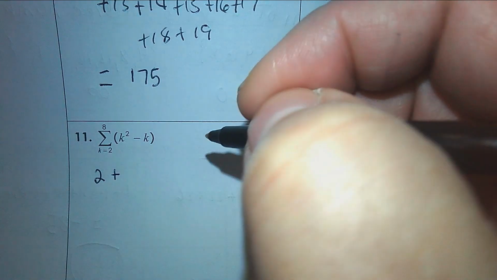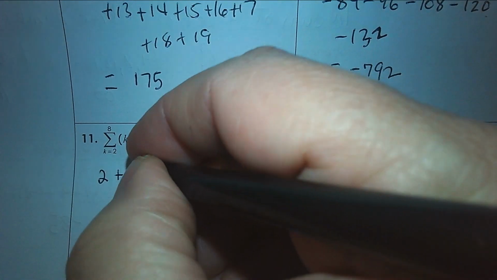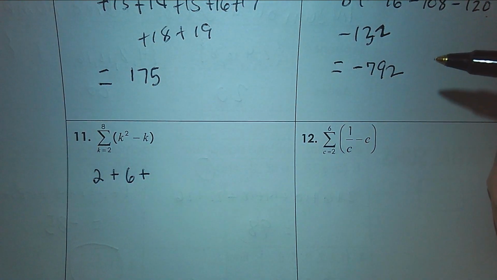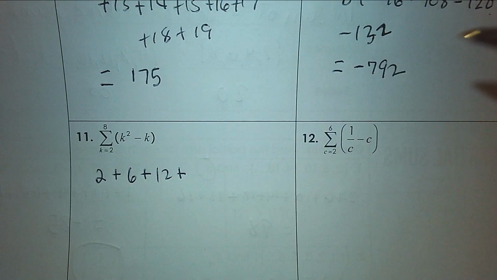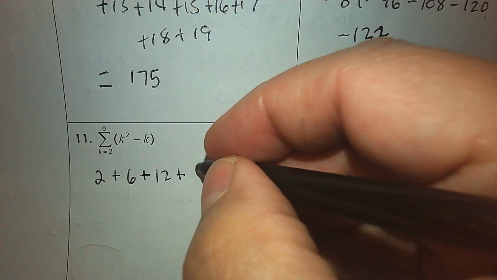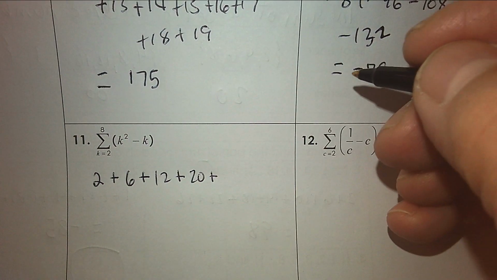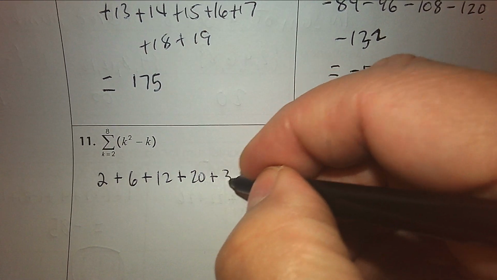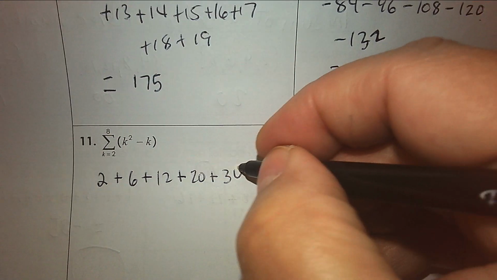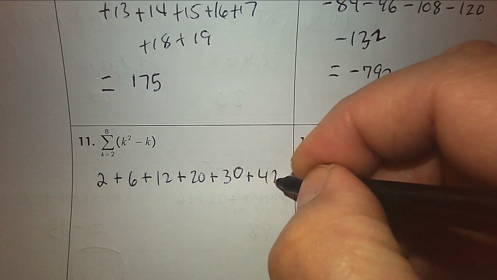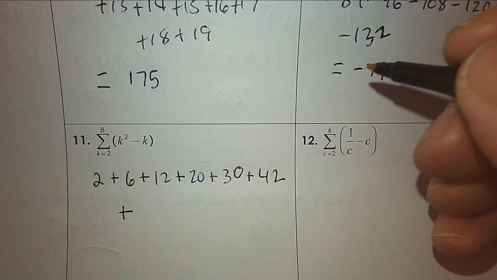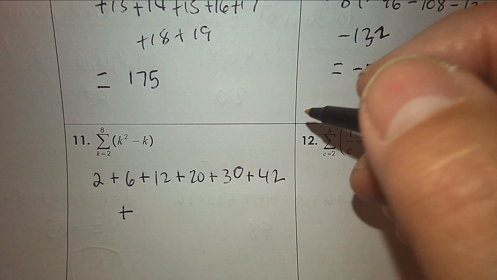If you plug in 3, it's 9. Take away 3. If you plug in 4, it's 16. Take away 4. If you plug in 5, it's 25. Take away 5. 6, 36. Take away 6. 7, 49. Take away 7. And then lastly, 8, 64. Take away 8.